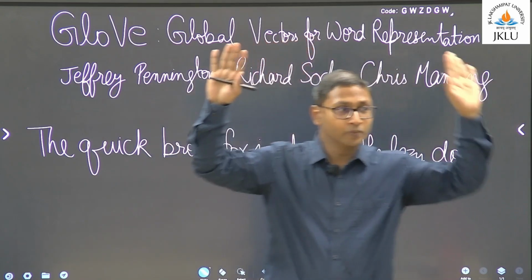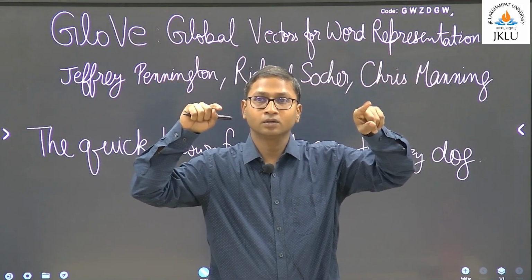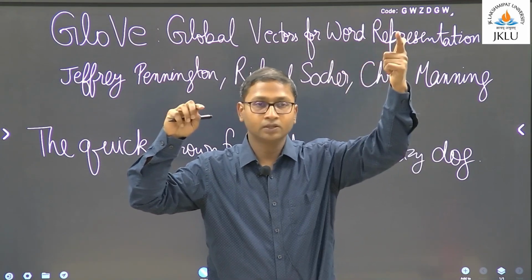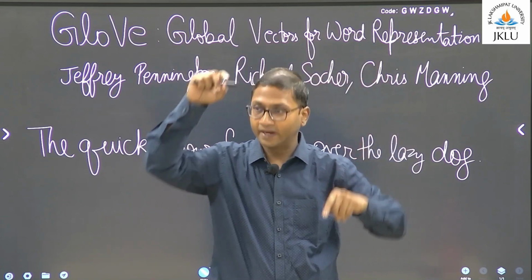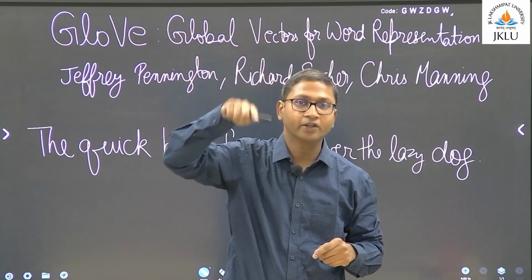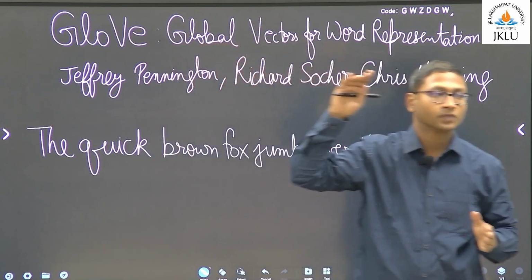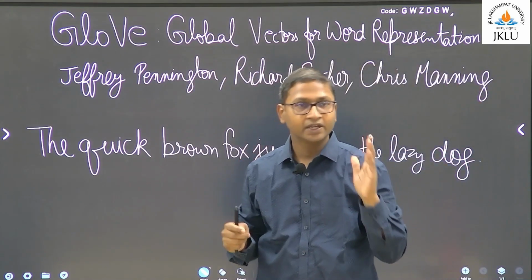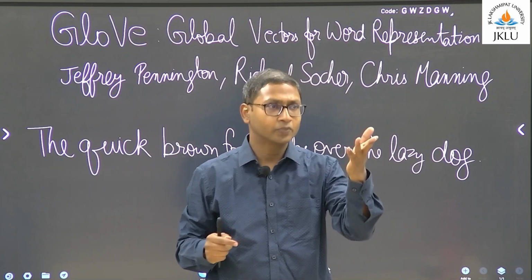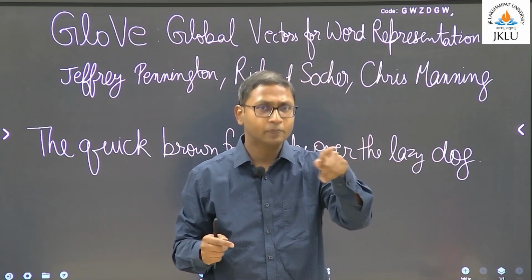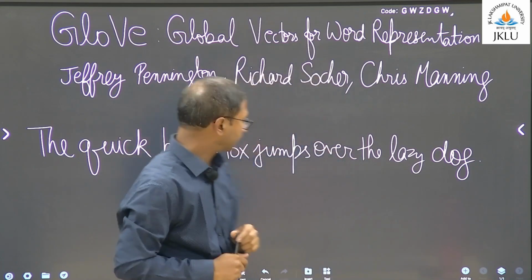We were supposed to minimize the summation over i equal to 1 to T, and then for the context window, computing the log of the probability of w at t plus j given w at t. Okay, so this was our objective function.